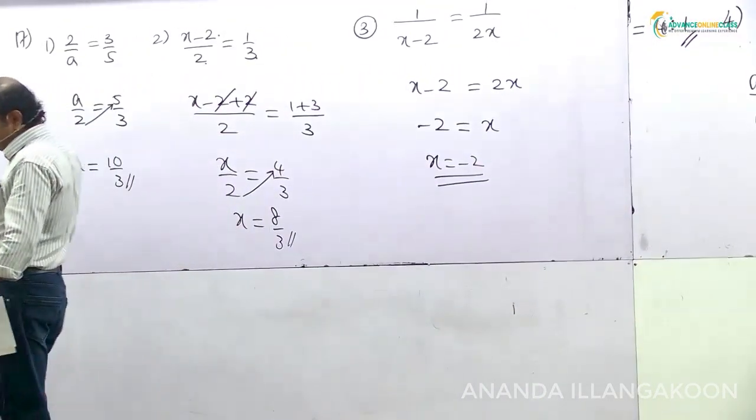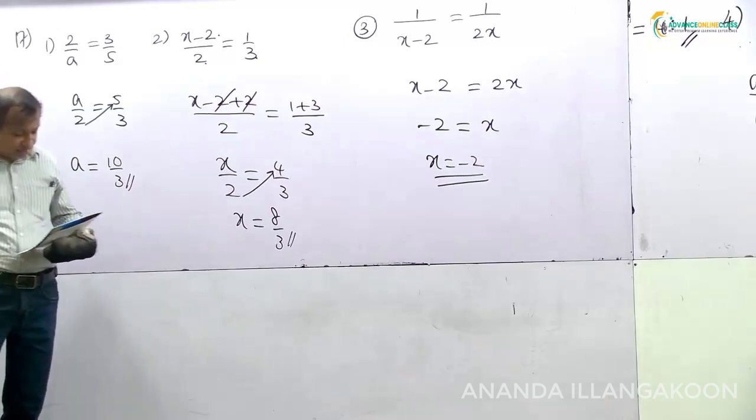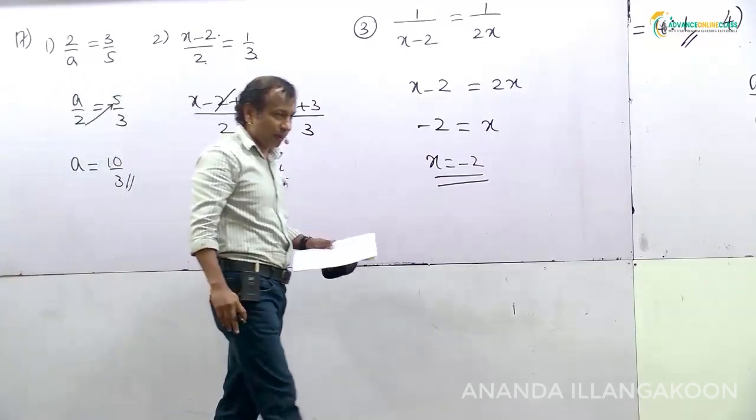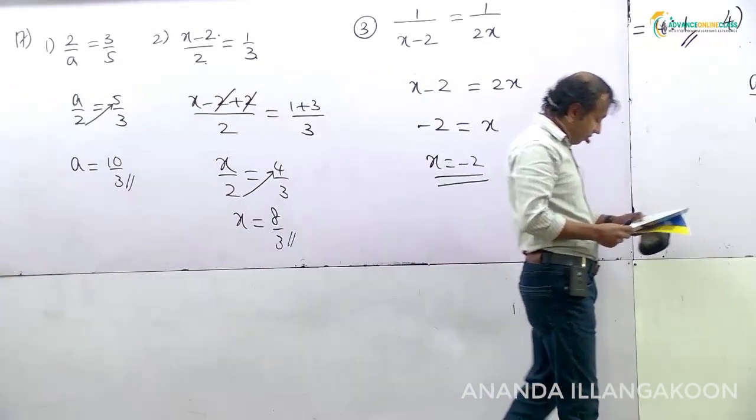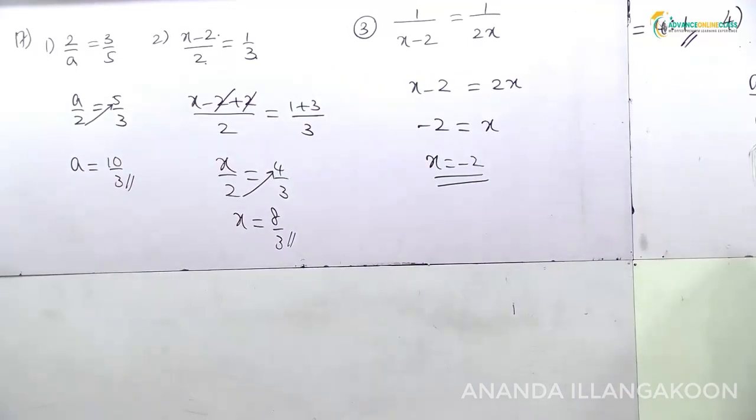Now we come to the simultaneous equations. First we discuss a few questions with two unknowns, and secondly 3 unknowns.